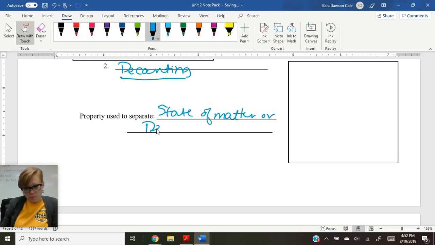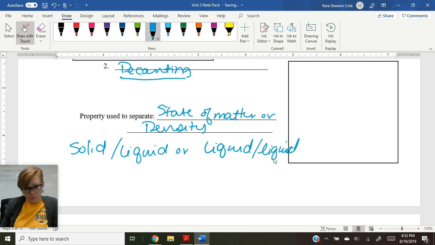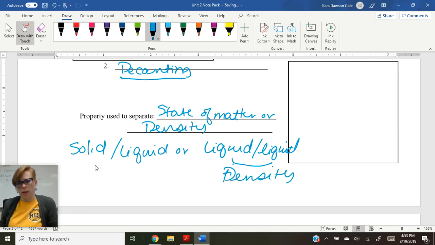So decanting is where the property that we use is the state of matter or the density. This can be used for solid liquid, or we can use it for a liquid. With liquid, we're going to use more of density. In solid, we're just taking into account the state.